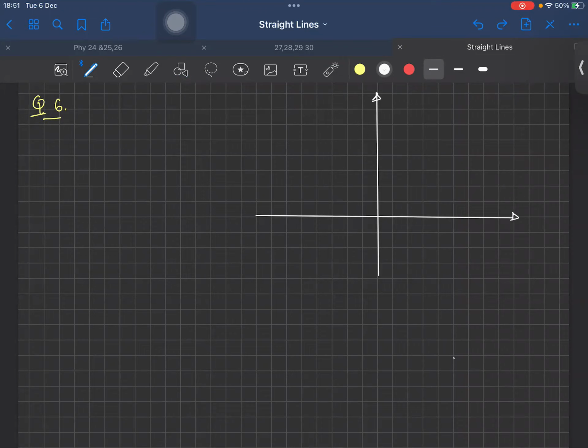Root 3y is equal to x plus 2 root 3, sir. Root 3y is equal to x plus 2 root 3, right? Yes, sir. Okay.